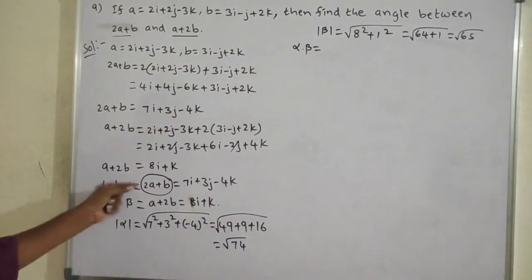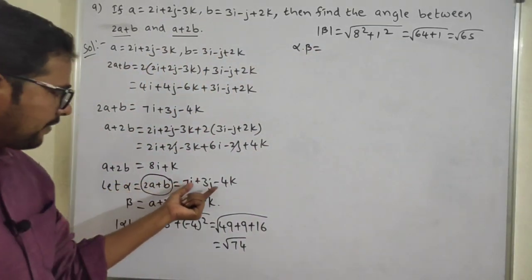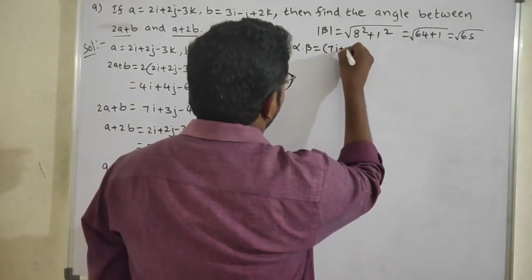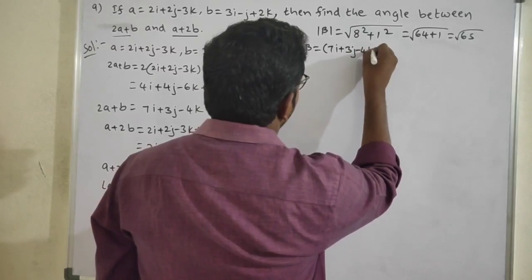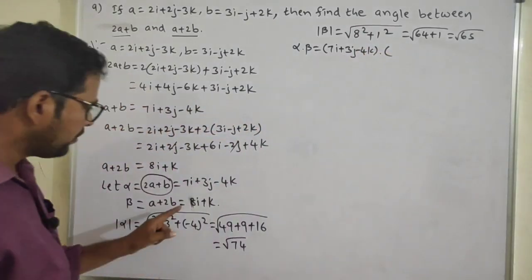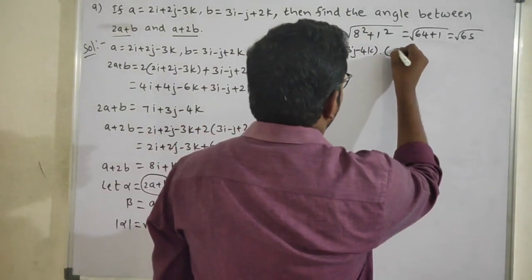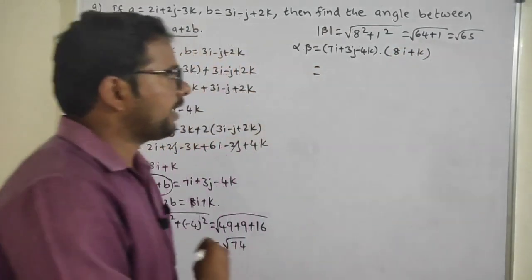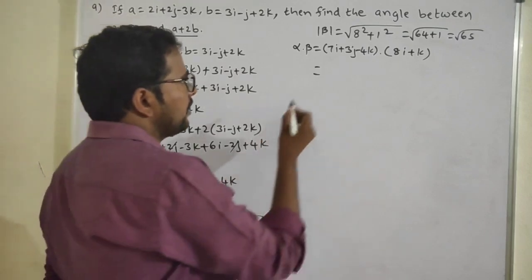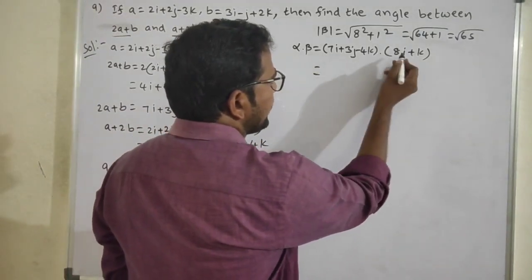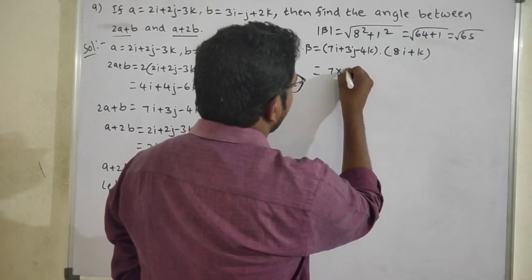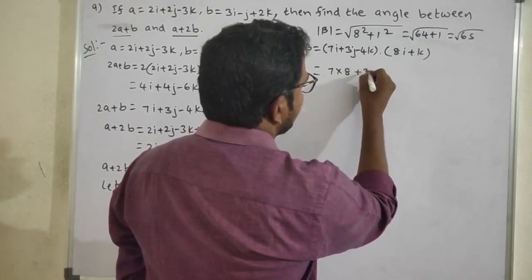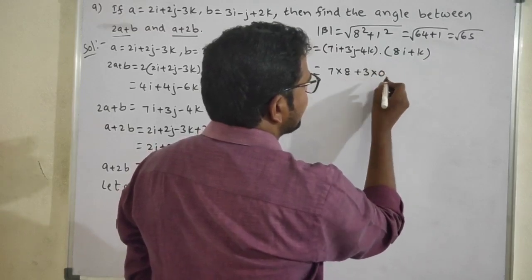Next take alpha dot beta. Alpha is 2a plus b, so 7i plus 3j minus 4k, dot beta, 8i plus k. Do the dot product, i coefficient into i coefficient: 7 into 8 is 56. The j coefficient is 3, but here we don't have a j term, so take that as 0, which gives 0.